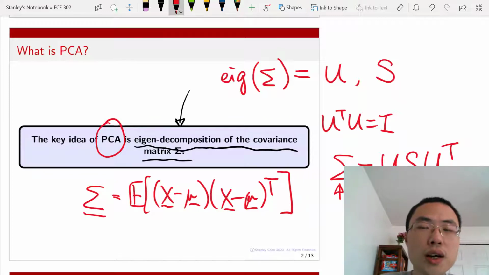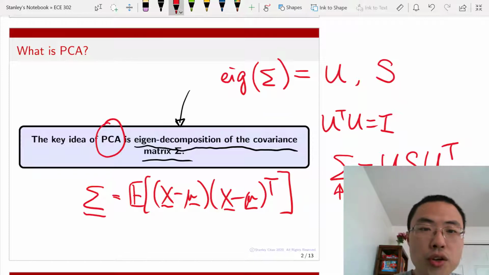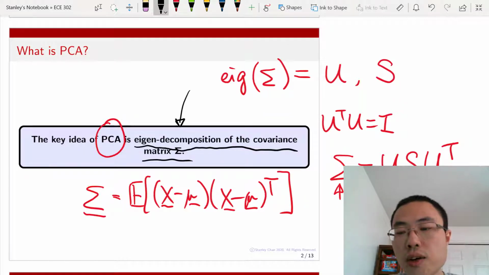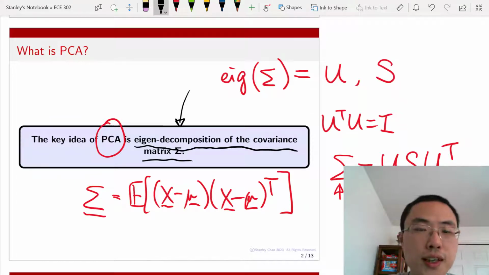So now you may wonder, how can this ever be useful? Well, the usefulness of the PCA is that you can look at the columns of this U matrix, and then you can look at the coefficients that will be used by this U matrix. Now, this may not be very clear at this moment, but just think about that.